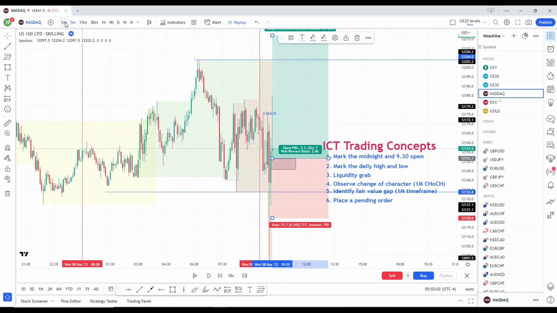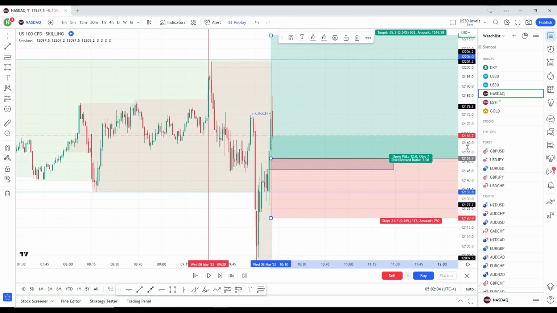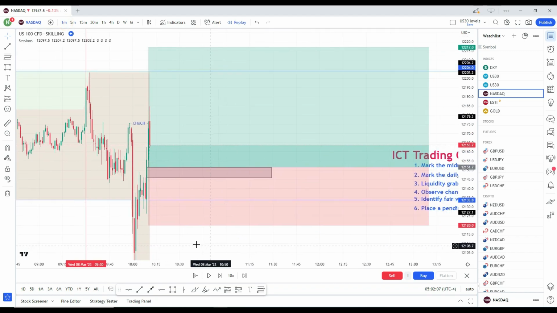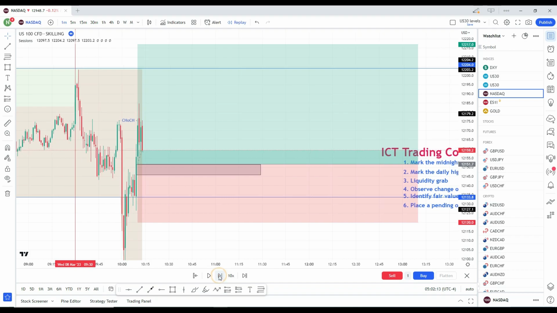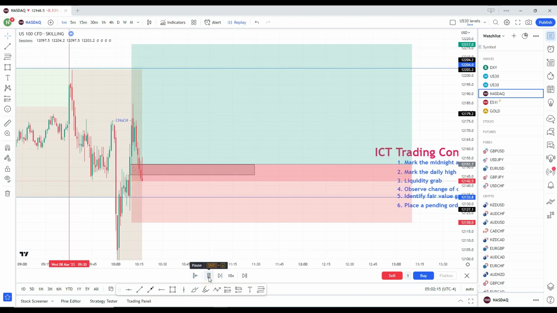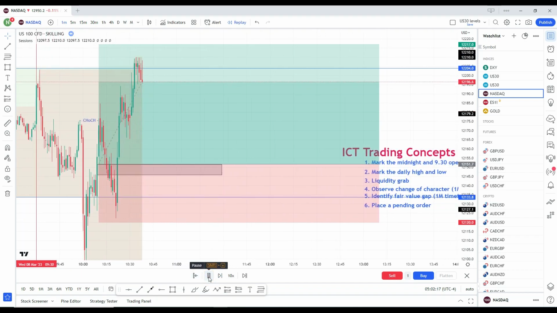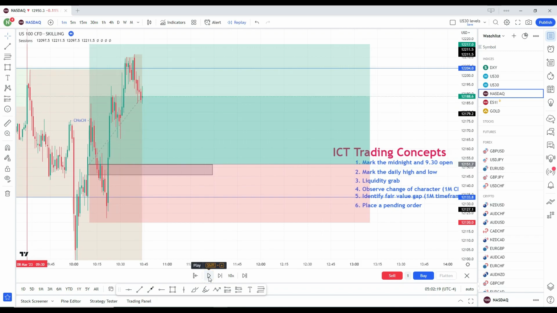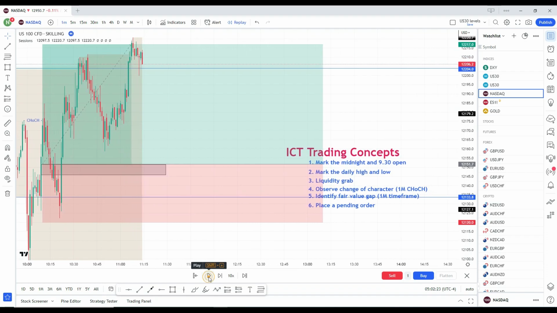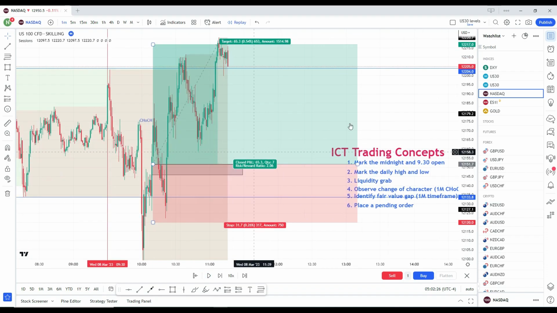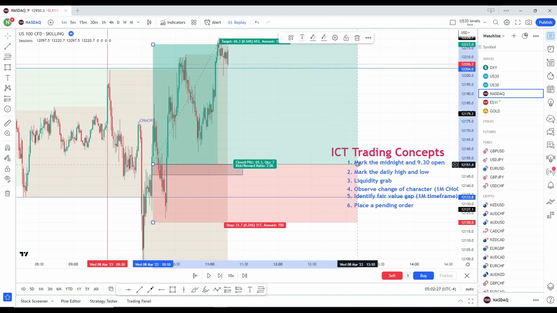That's good enough. Oh, a little drawdown, almost hit our stop loss. Take profit hit, successful.